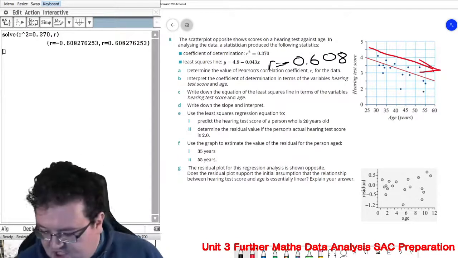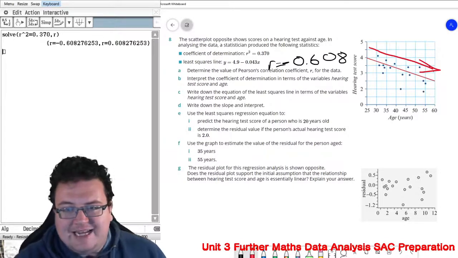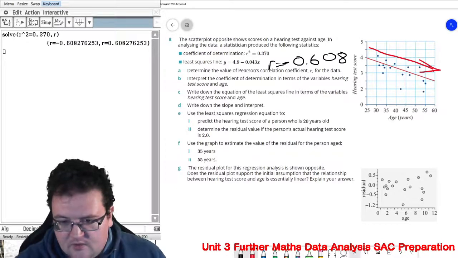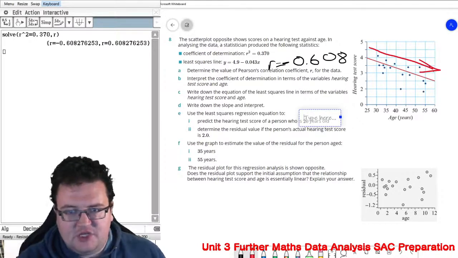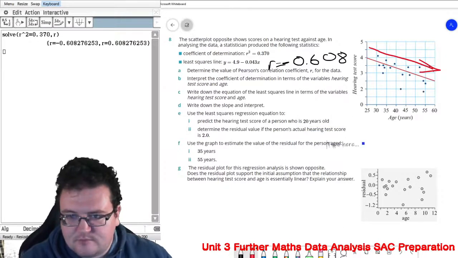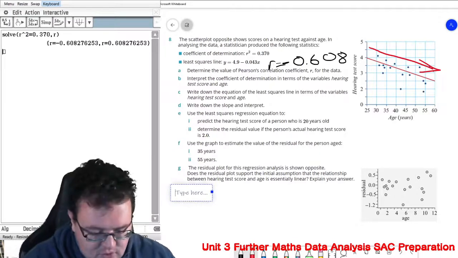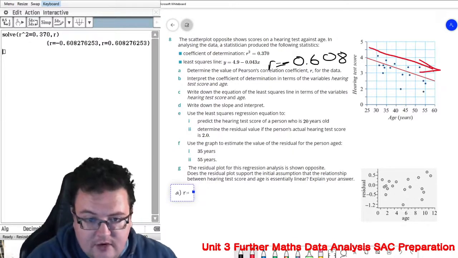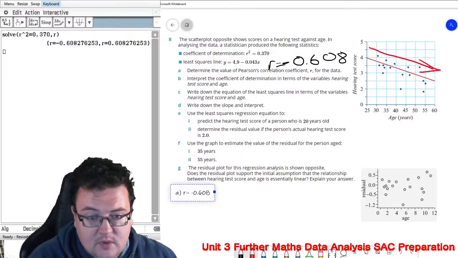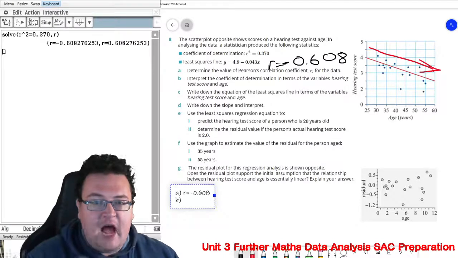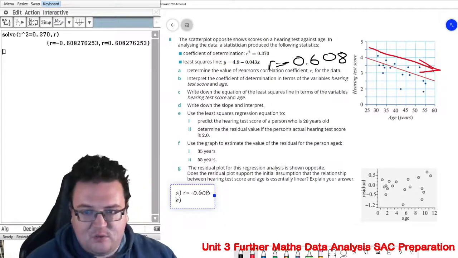Interpret the coefficient of determination in terms of the variables hearing test score and age. So again, this is one of those questions where you have to write a whole sentence for not a whole lot of marks. R equals negative 0.608. So the R squared value is 0.370.